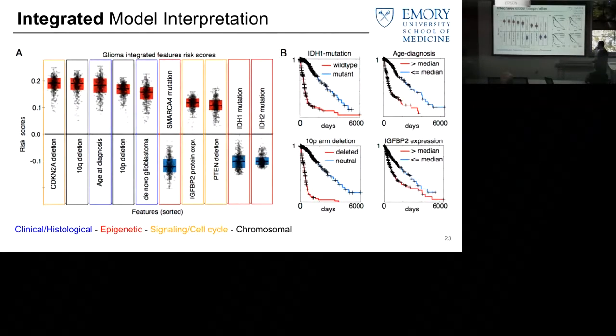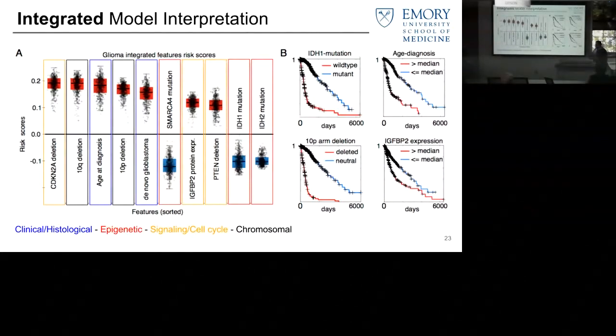So let's focus on these categories: grades, data sets, and different data types. This is the top 10. The reason you see box plots is that, unlike linear models, as Safoora mentioned, our models give for each feature a different risk depending on what patient you're looking at. So it's really personalized. Each dot is one patient and their risk for that specific feature. You can see age pops up in the top 10, chromosomal alterations, glioblastomas.